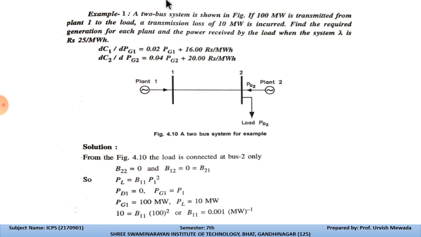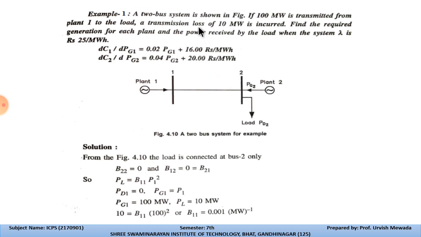The data given is the incremental costs: dC1 by dPG1 is equal to 0.02 PG1 plus 16.00 rupees per megawatt hour, and dC2 by dPG2 is equal to 0.04 PG2 plus 20.00 rupees per megawatt hour.